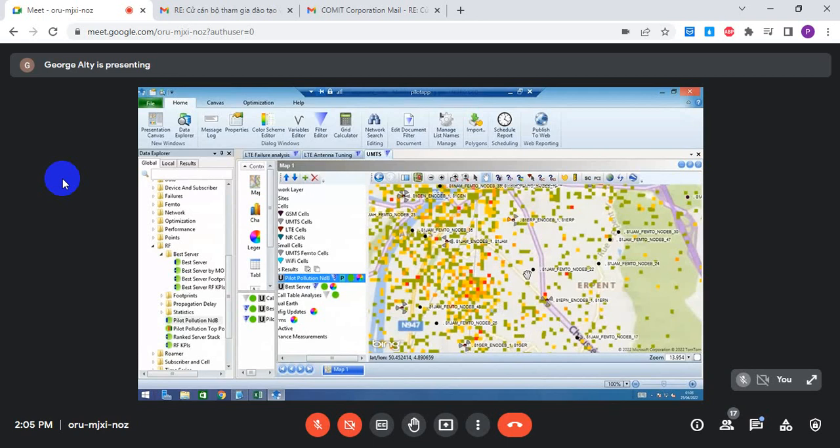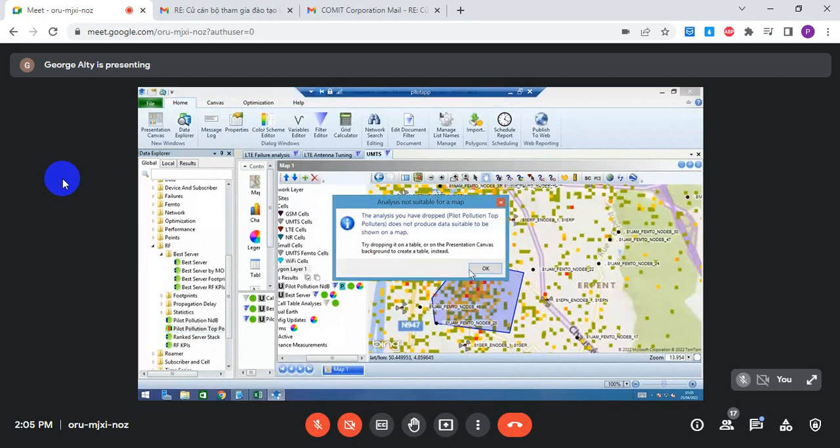Further to that, we can also look at top polluters in here. Ordinarily what we would do here is, we're interested in this particular area, so I'm going to select a polygon around that. And then I'm going to pull into here my pilot pollution top polluters. Sorry, my apologies, that's a table.